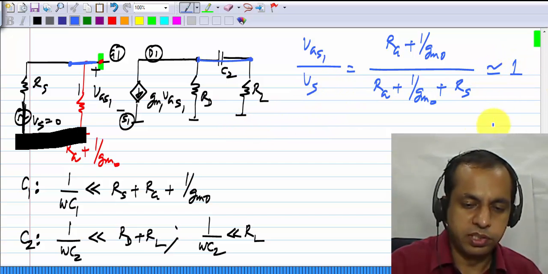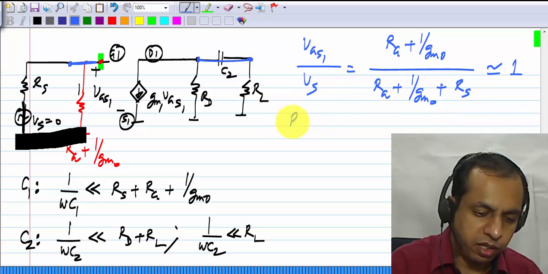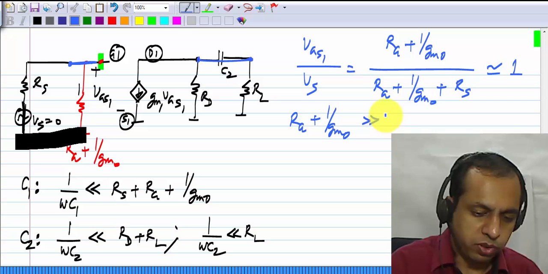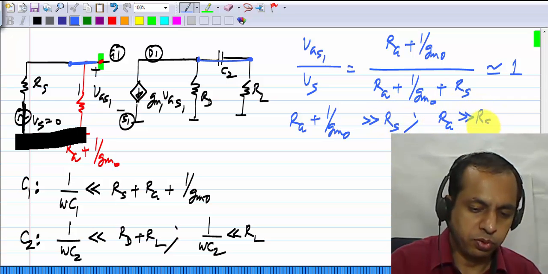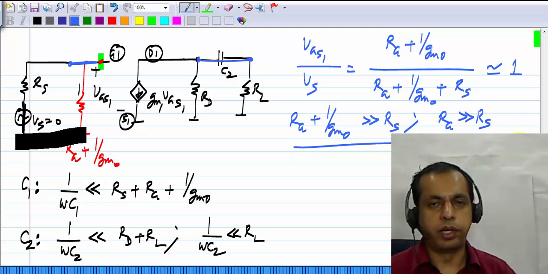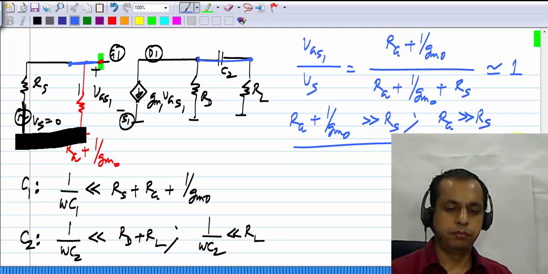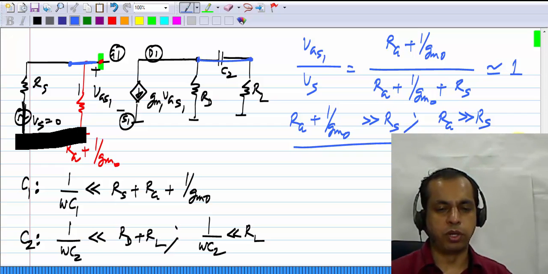If this has to be approximately 1, then we need Rg plus 1 by gm0 much more than Rs, or in other words, Rg must be much more than Rs, because 1 over gm0 is likely to be much smaller than any of these resistances.